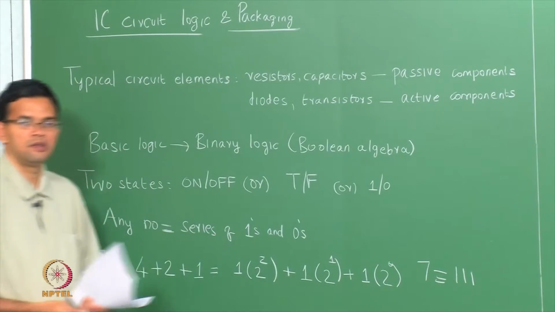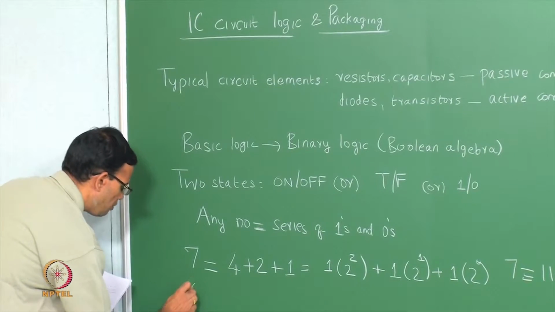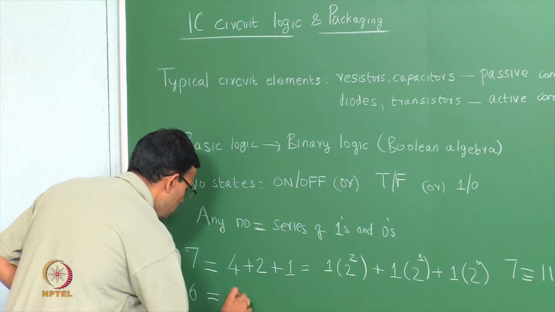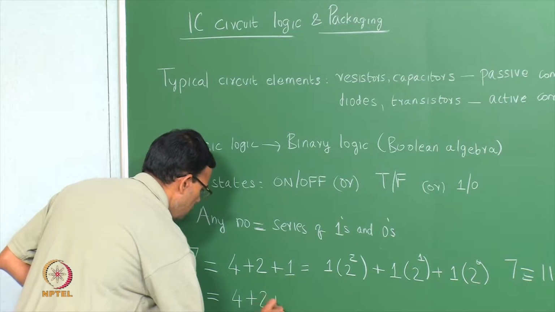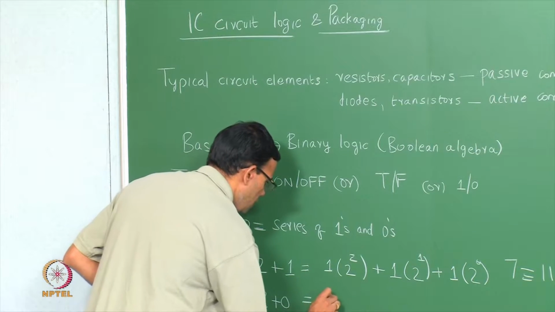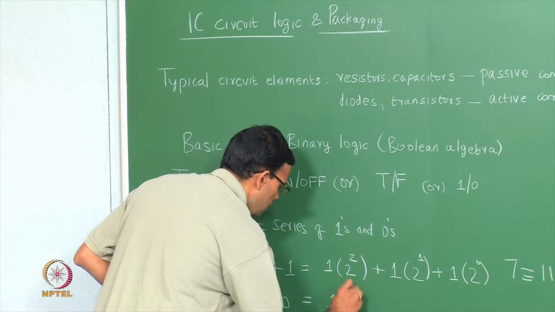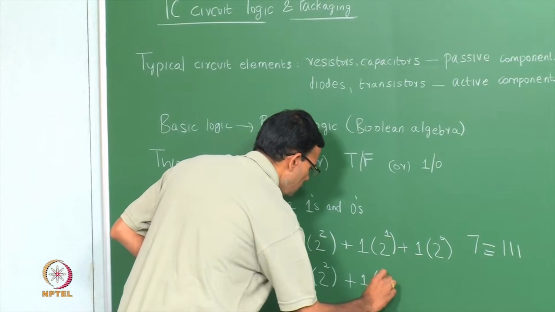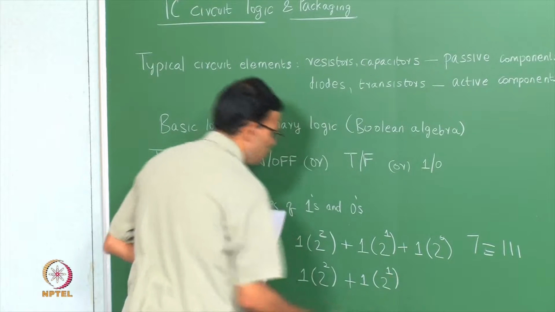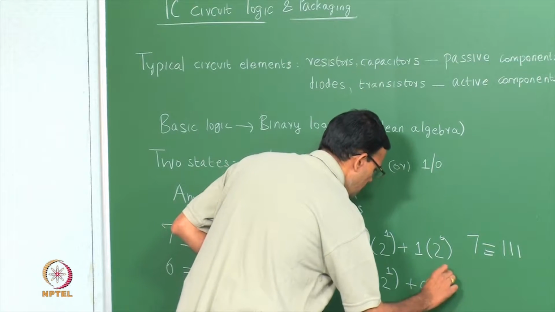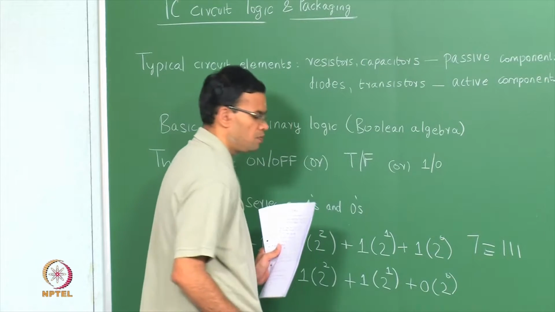1 1 1. If you think of the number 6, 6 is again 4 plus 2 plus 0. So, 1 times 2 to the 2 plus 1 times 2 to the 1 plus 0 times 2 to the 0.